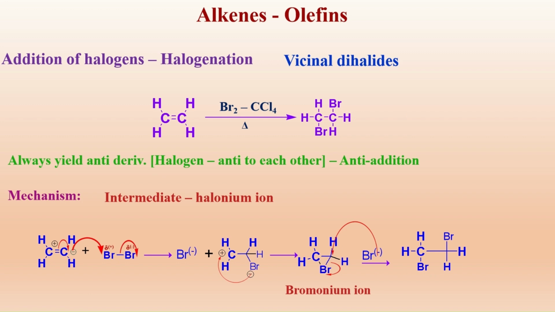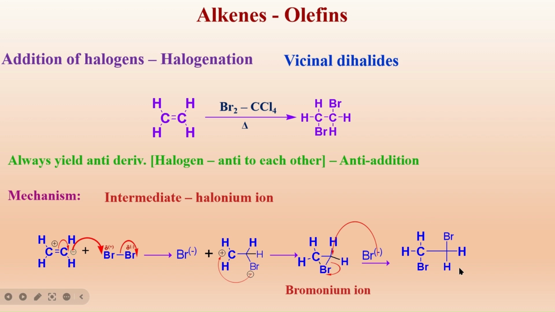The bromonium ion is an intermediate. It is highly unstable. These bromonium ions cannot be isolated as they are highly unstable. These are transient species. It is an intermediate between the starting material and the product.